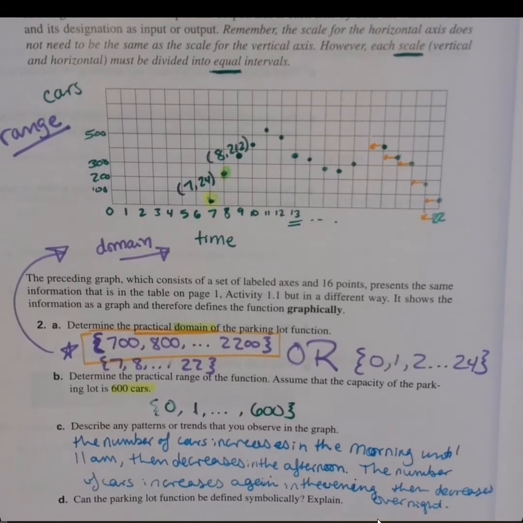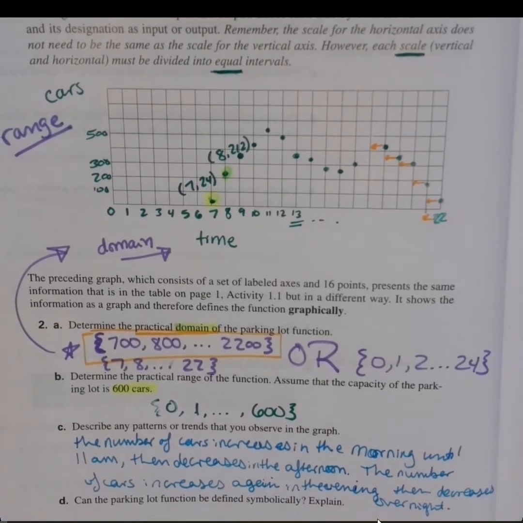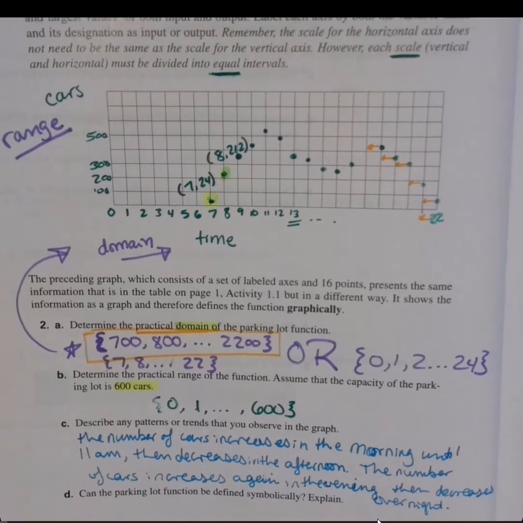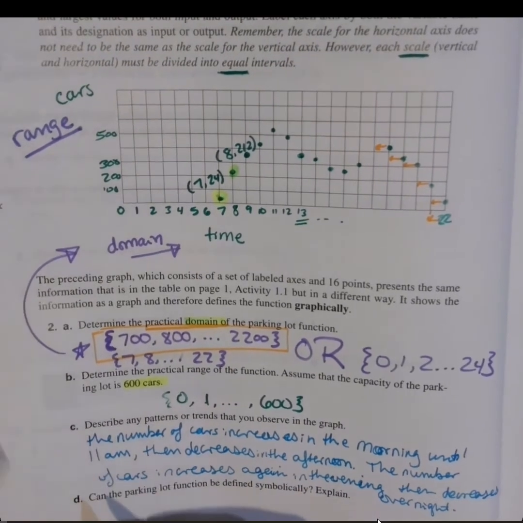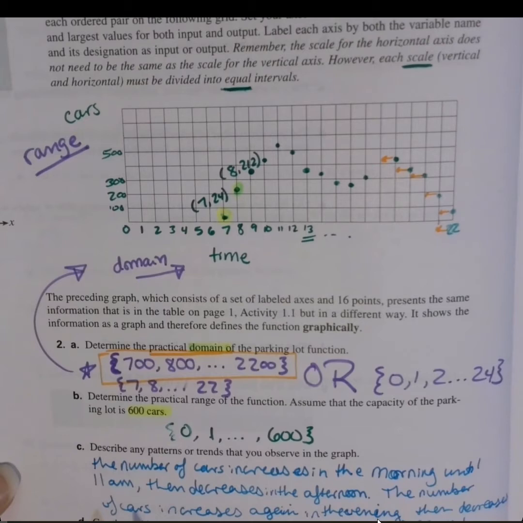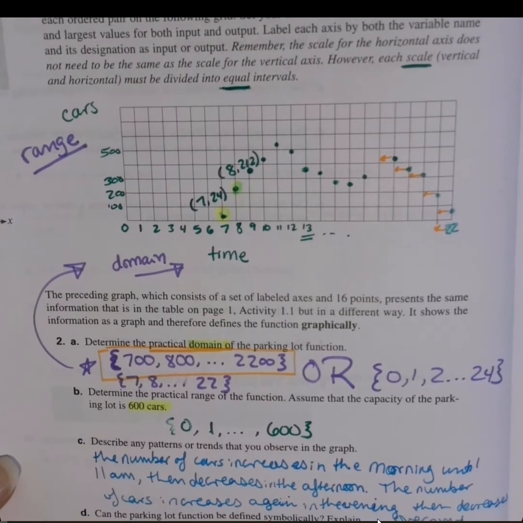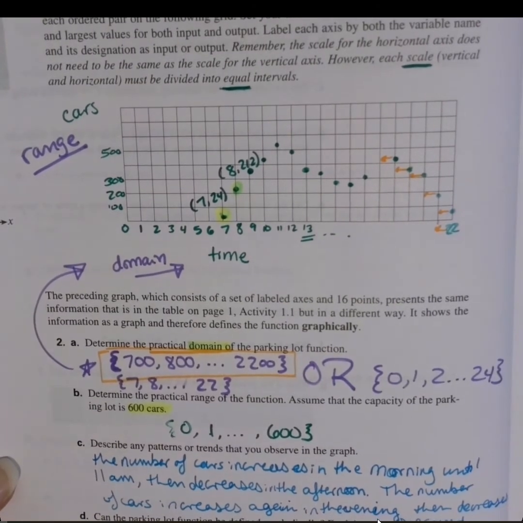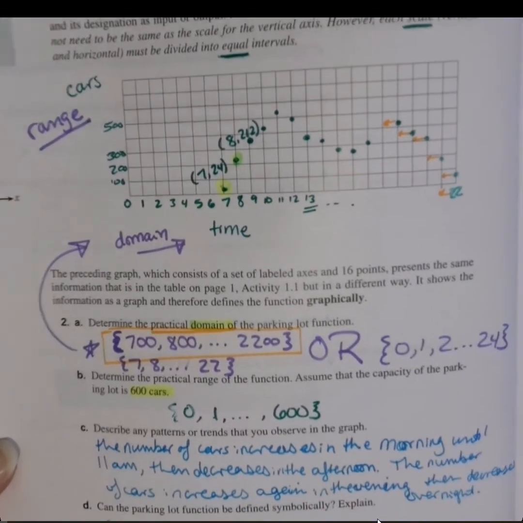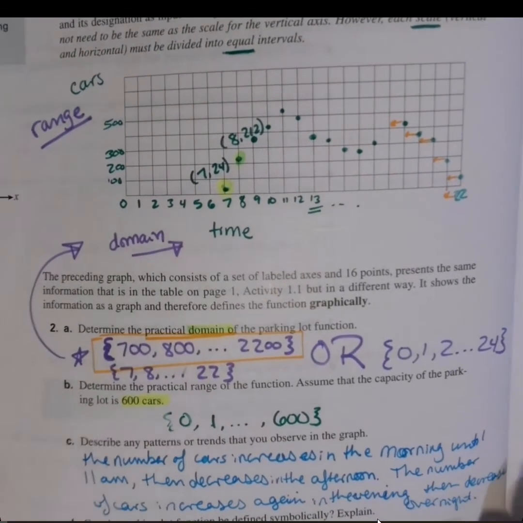Okay, can the parking lot function be defined symbolically? So as an equation. This was data that we collected. I don't really have a pattern here that I can do as a symbolic equation. So no, it's not like our prices of gas where I'm like, multiply this by this. I don't have a process.